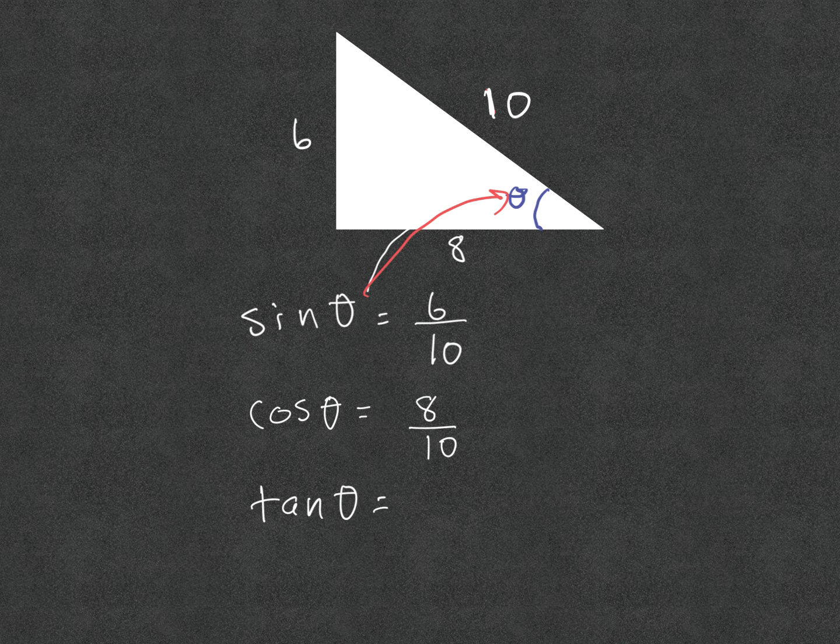It's going to be opposite over adjacent, okay? Because we just found out that the 10 is the H, the 8 is the A, and the 6 is the O. For this triangle, which is very common, you could have these. And actually, if you heard about that before, that's a 3, 4, 5 triangle, okay? Now, let's get to some specific problems.